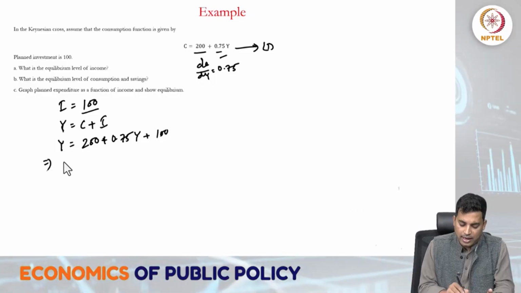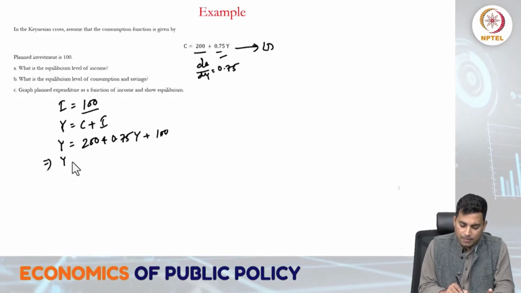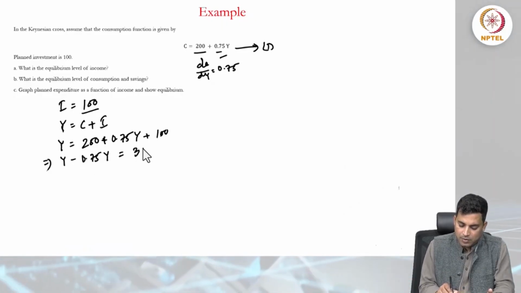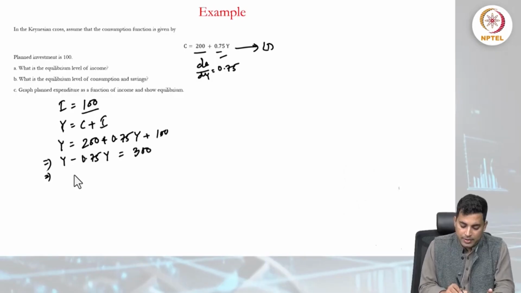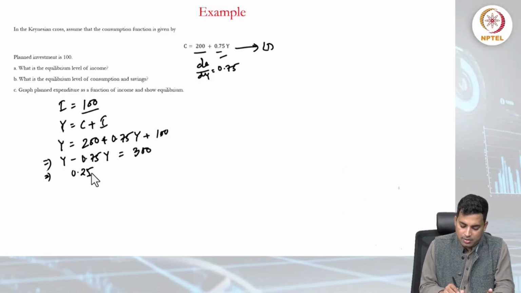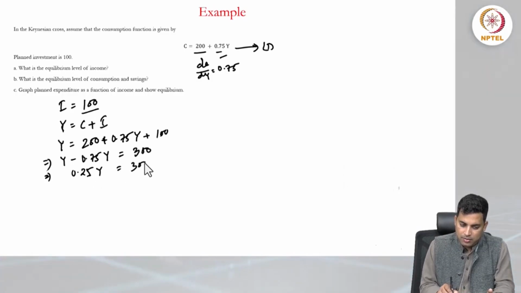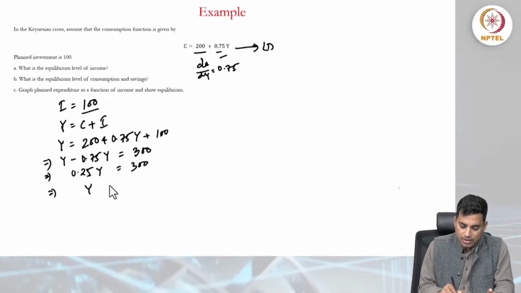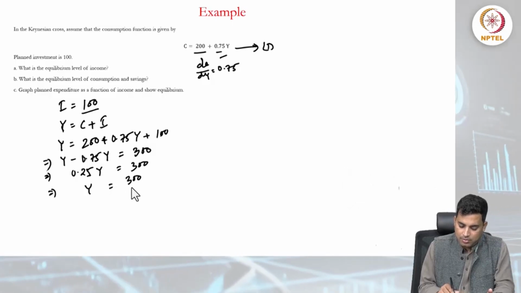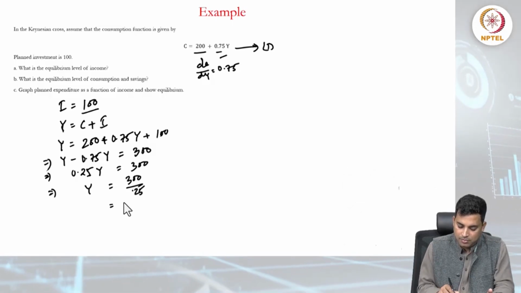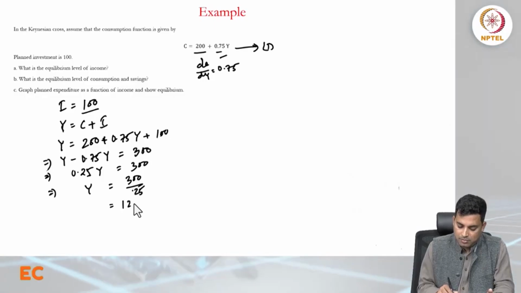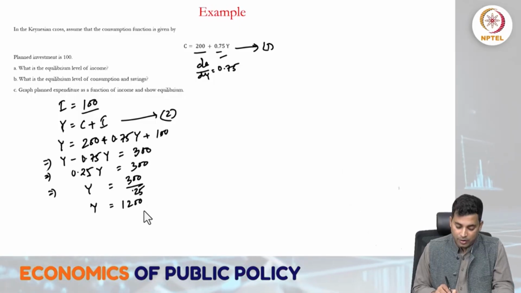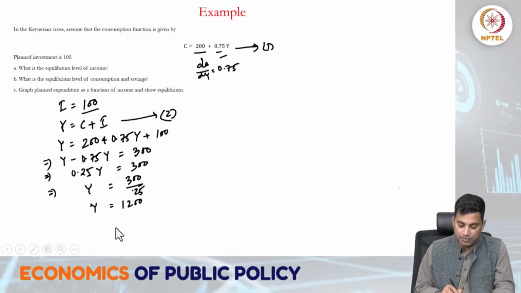Here we can easily calculate: Y equals 300 plus 0.75Y, so 0.25Y equals 300, and from here we get the value of Y.